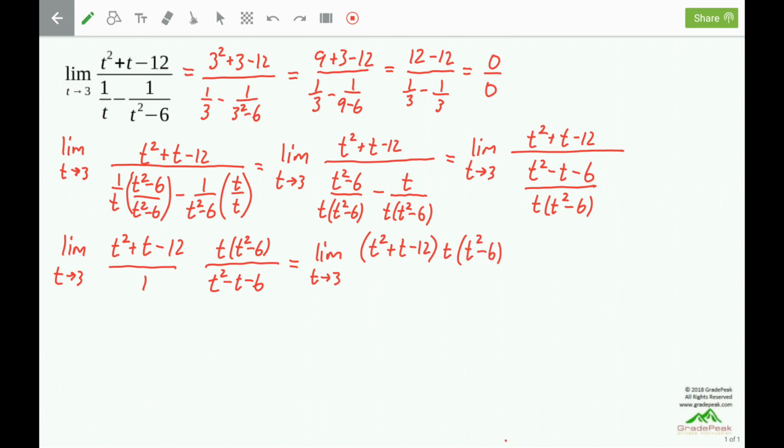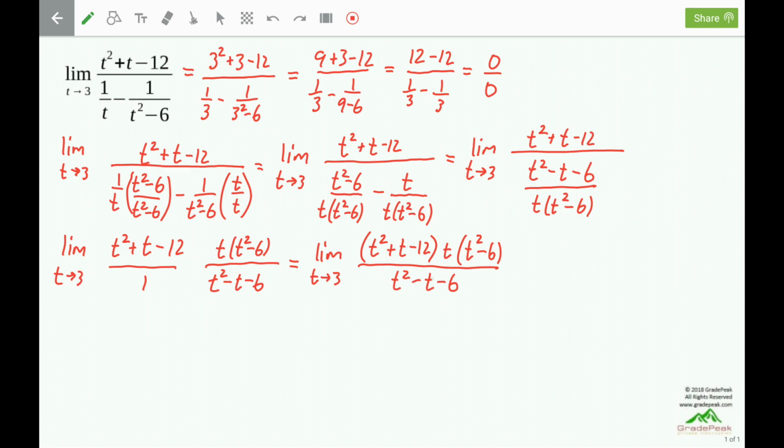These are pretty large looking expressions right now, but we will still have 0 over 0. We haven't actually canceled the factors that are making 0 over 0 just yet, and that's part of what you would need to do on a problem like this, is find those factors that are making the 0 over 0 happen. Now, because the limit is t going to 3, I would expect a t minus 3 in the numerator and a t minus 3 in the denominator, but we won't see those till we factor.